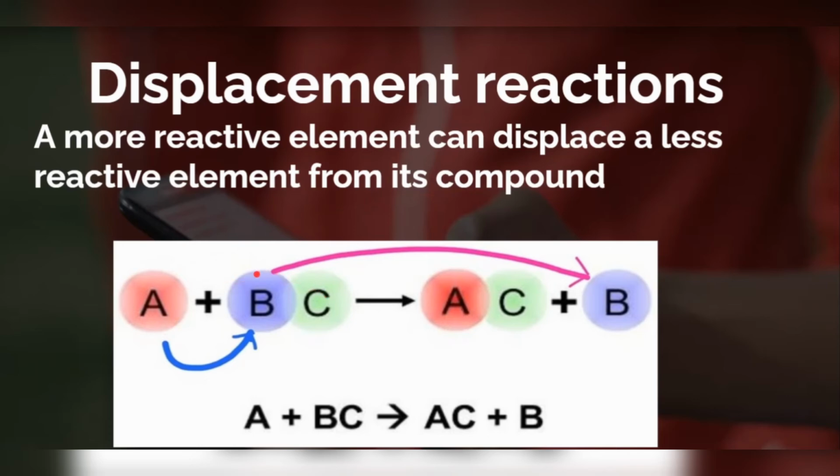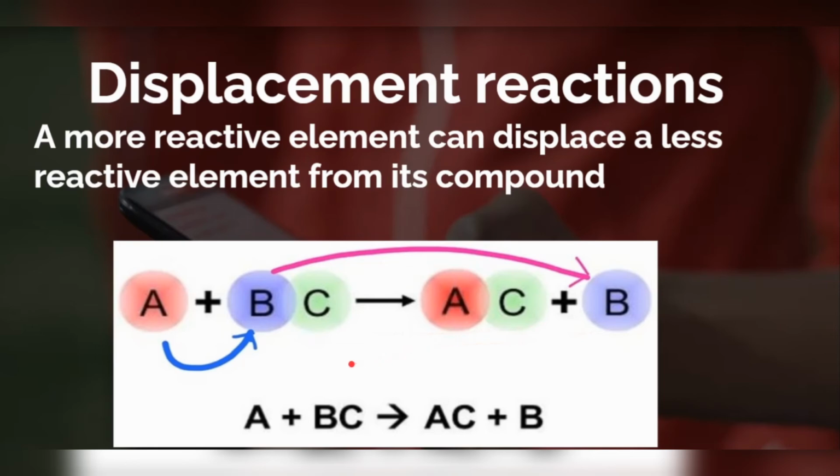When we compare A with B, if A is more reactive than B, A can displace B from its compound. So A will displace B and A will occupy the position of B. So the reaction will be A plus BC will give AC plus B. So this is the displacement reaction.